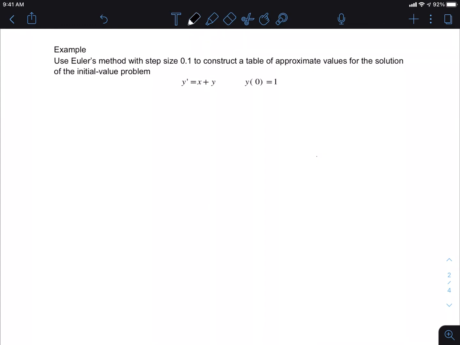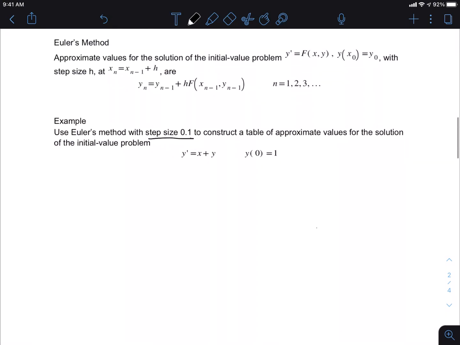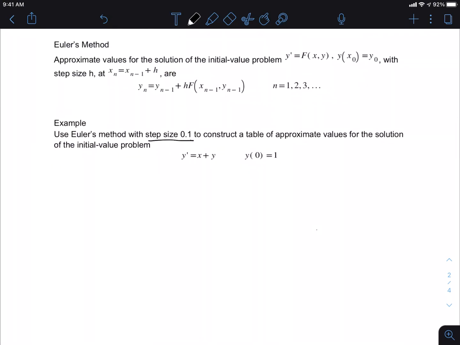So in this example here, we see that we have a step size of 0.1, okay? And the step size we can see is our h, right? So we know h in this case is going to be 0.1. Our x naught is given to us. What's that?